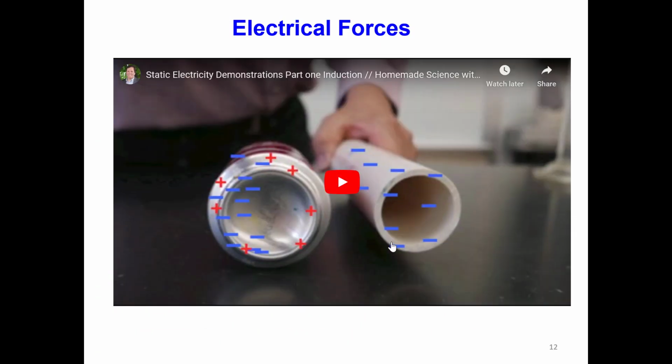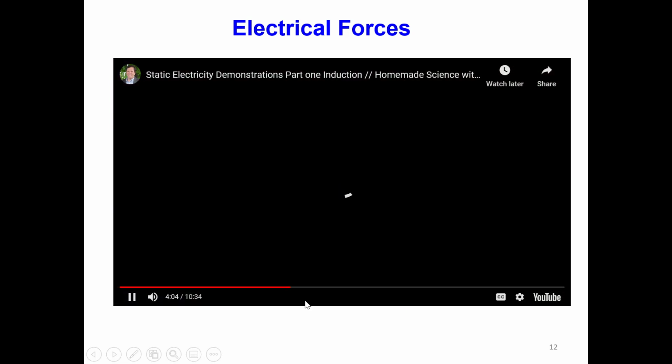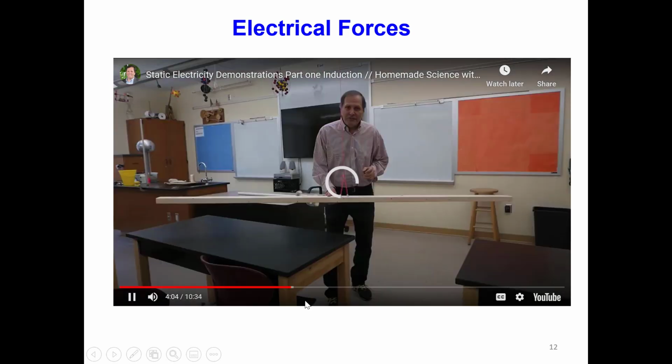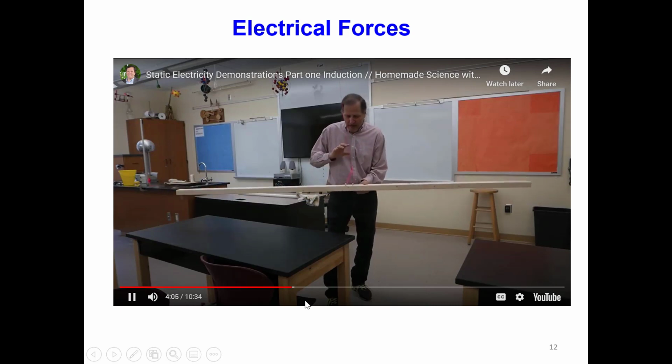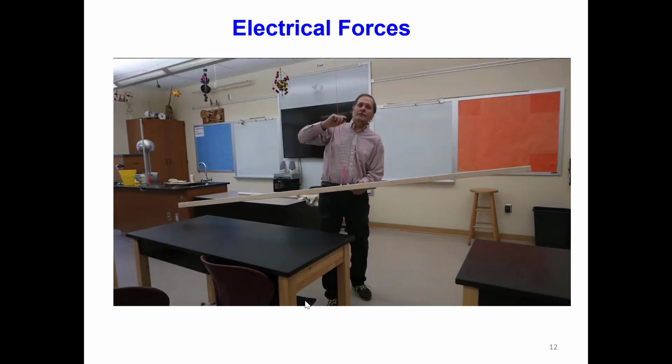In this video, we are going to see the effect of the electric force. It's actually a very good insulator. In this case, I have an 8-foot 2x4 hanging from the ceiling.